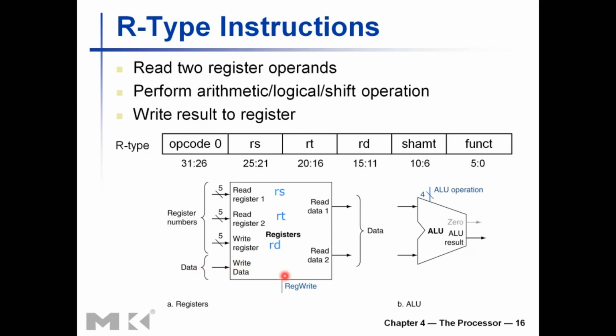Then the register write control signal should be sent, this is a control signal, remember, register write control. So the write enable signal should be sent at the correct time at the end of the instruction's execution to write the given data into the register file. Otherwise you may be writing invalid data. Right. So that is the operation of an R-type instruction.